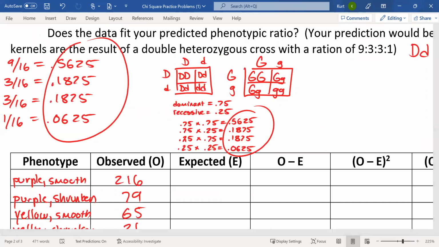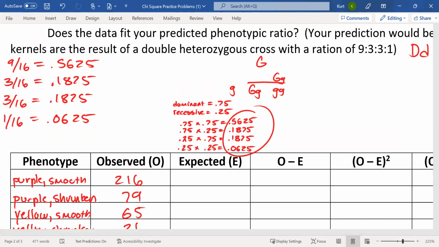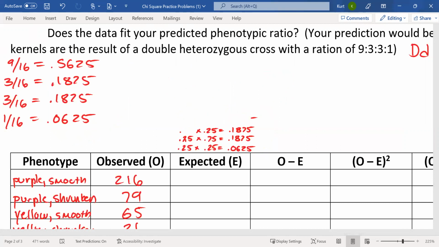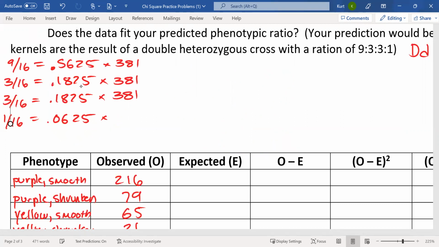Are there any questions yet? All right. So with that being said, are these numbers your expected frequencies or your expected quantities? We need quantities. So how do you find the quantity from the expected frequency? You multiply the total by each of the respective frequencies. The total is 381. So now I need to hear your voices.